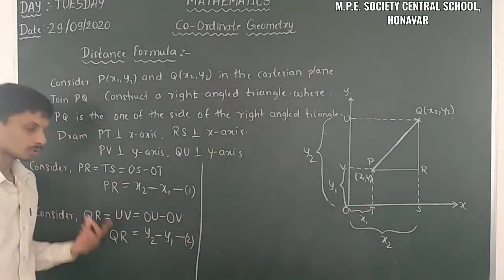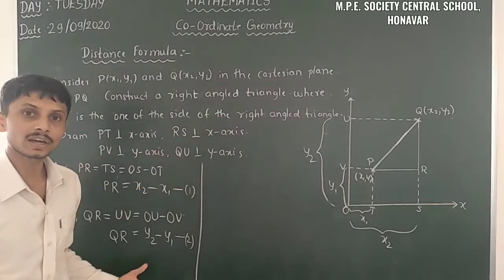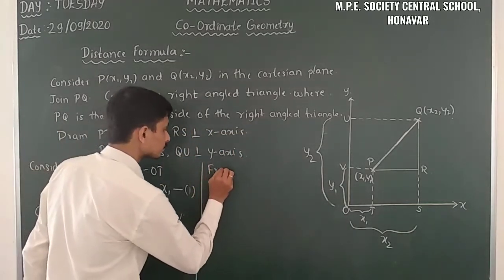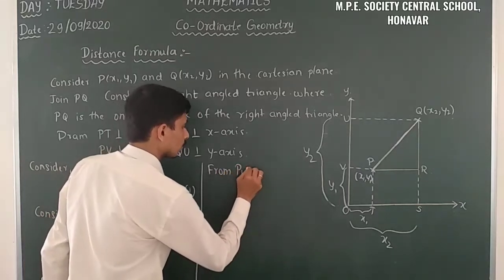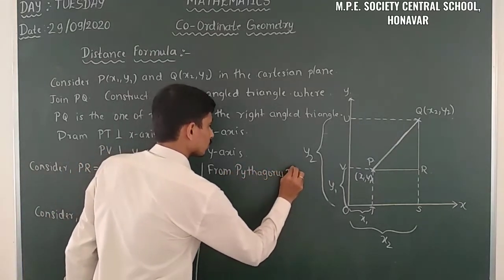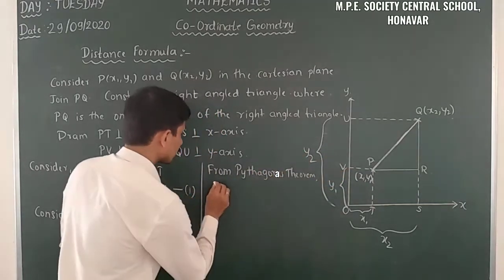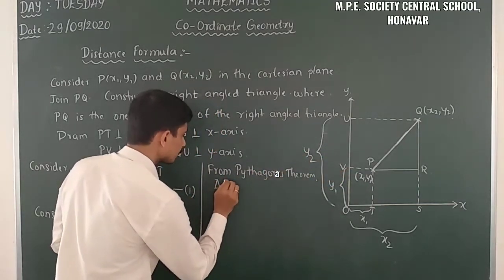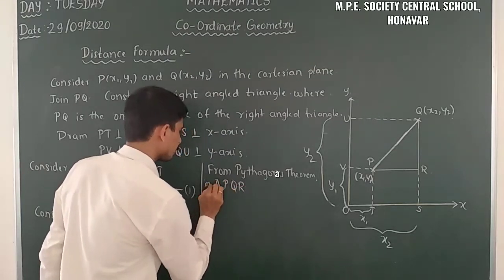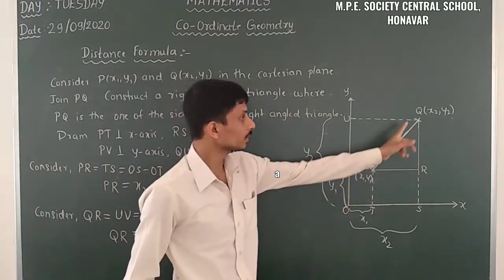From PR and QR we have the values, and then we have to substitute these values in the Pythagoras theorem. So from Pythagoras theorem, here from triangle PQR, PQ square.